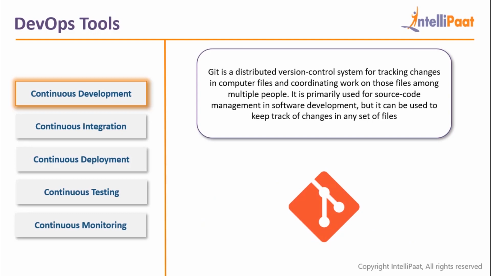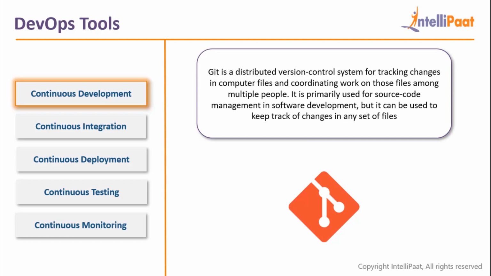So the first stage that we saw was continuous development. Now continuous development is implemented using version control systems, like I told you guys, and in most of the companies, the most used version control tool is Git. All right. So Git is a version control system which we'll also be using in this course, right?